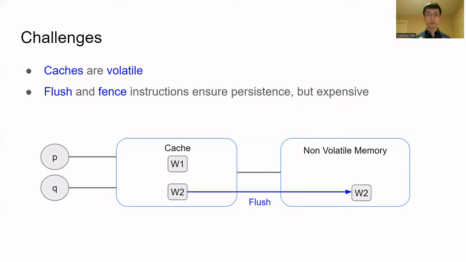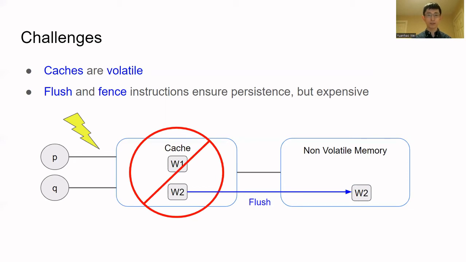W2 can get flushed to non-volatile memory before W1, and if a crash occurs right now, then we are once again in an inconsistent state because W2 depended on a write that disappeared. So what this example shows is that just flushing after stores is not enough, and you might have to flush after loads as well if there's a dependency on the value that you read. And this can start to get very expensive because loads are usually more common than stores.